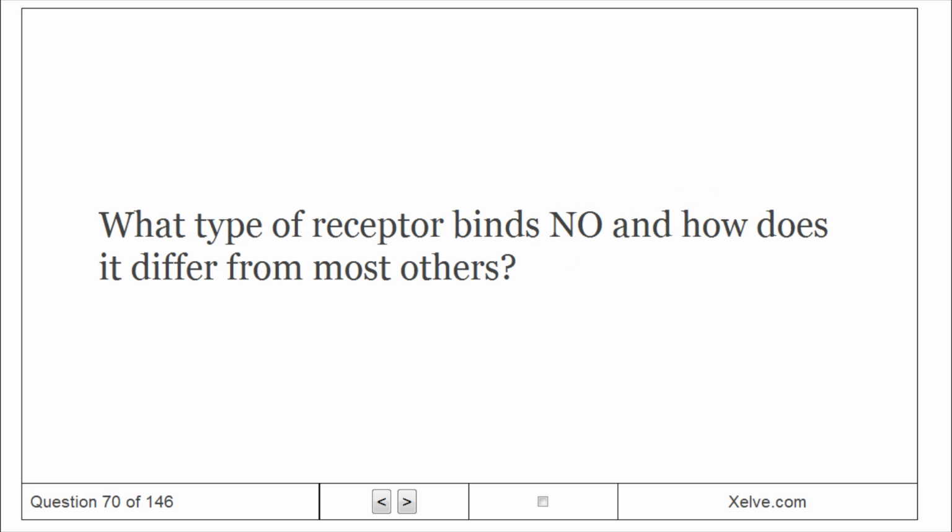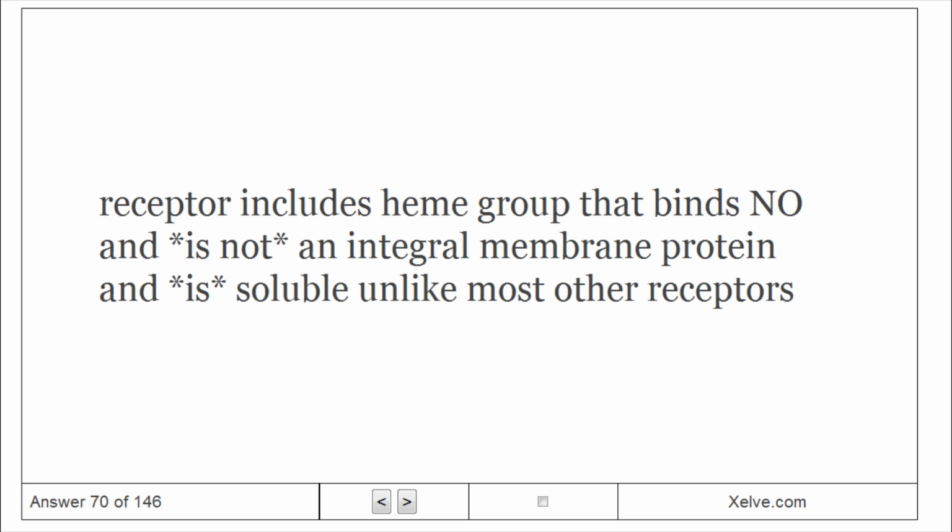What type of receptor binds NO and how does it differ from most others? The receptor includes a heme group that binds NO and is not an integral membrane protein; it is soluble unlike most other receptors.